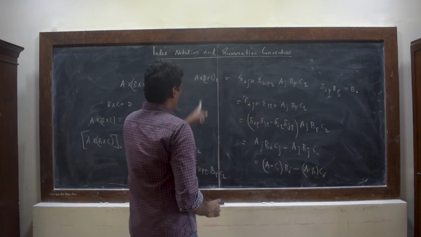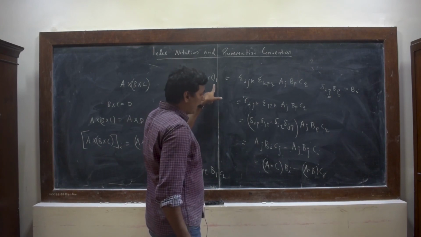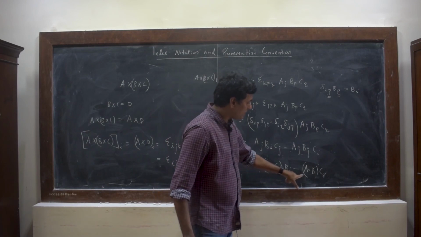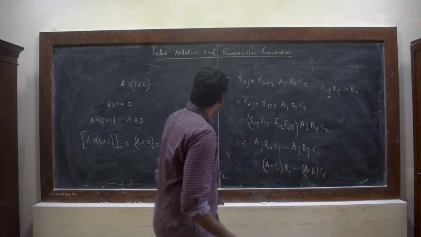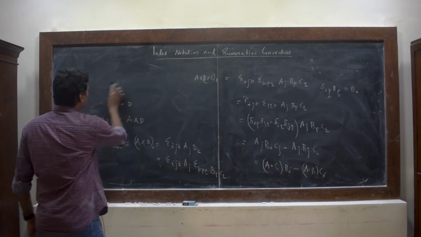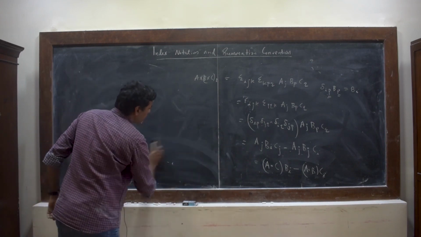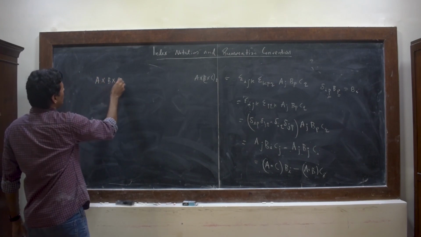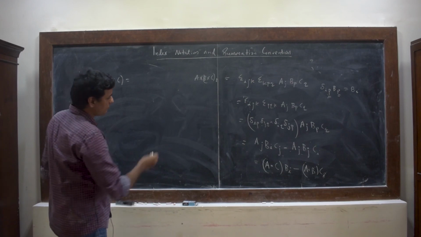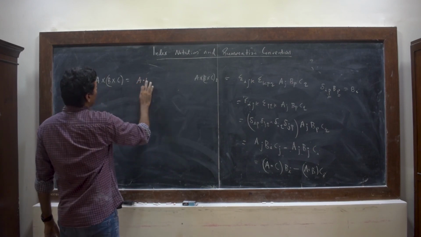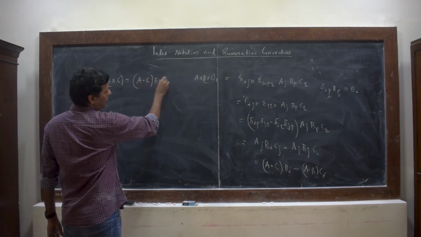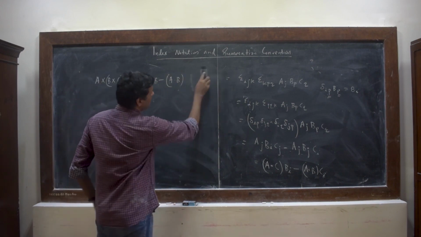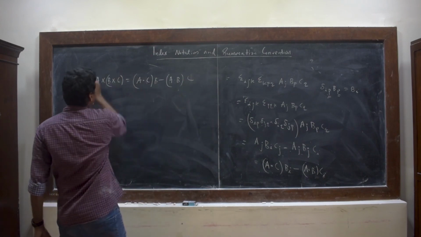Okay. So look at this: the ith component of A cross B cross C is A dot C into Bi minus A dot B into Ci. So you can write A cross B cross C equal to A dot C into B minus A dot B into C. So this is the result.